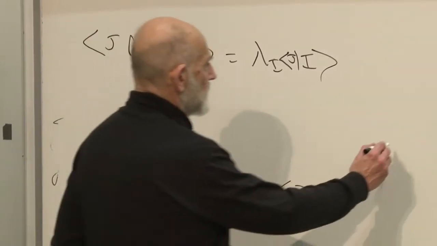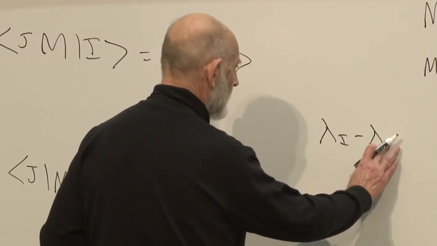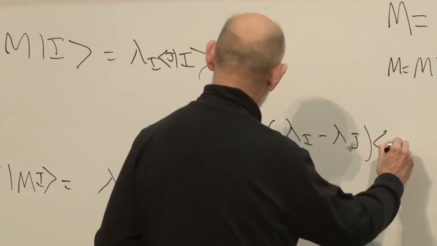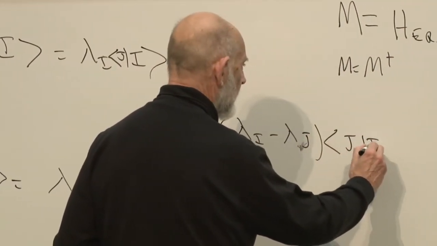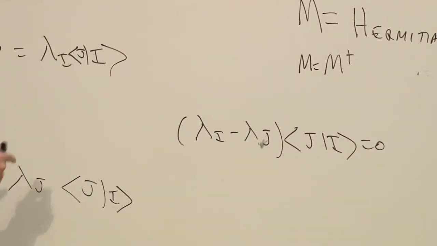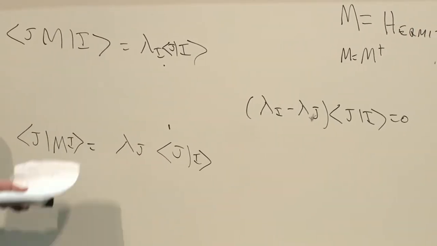So let's require that it's the same. Requiring that it's the same says that lambda I minus lambda J times the inner product of J with I must equal 0. I've just written that this is equal to this, and then transposed.